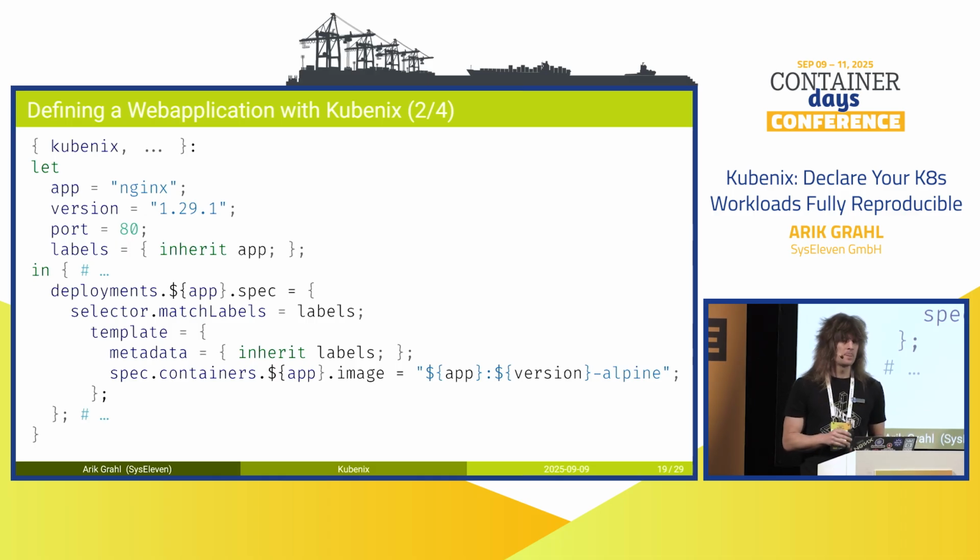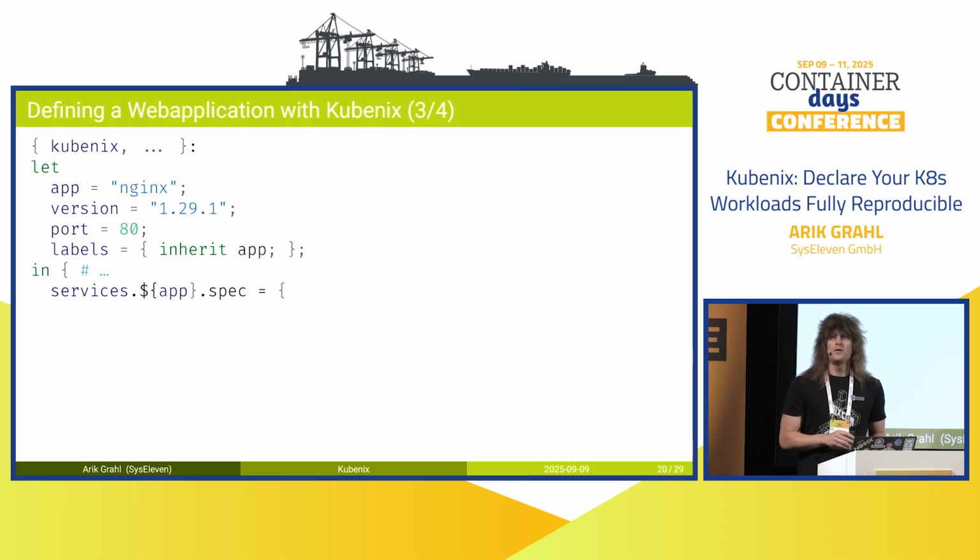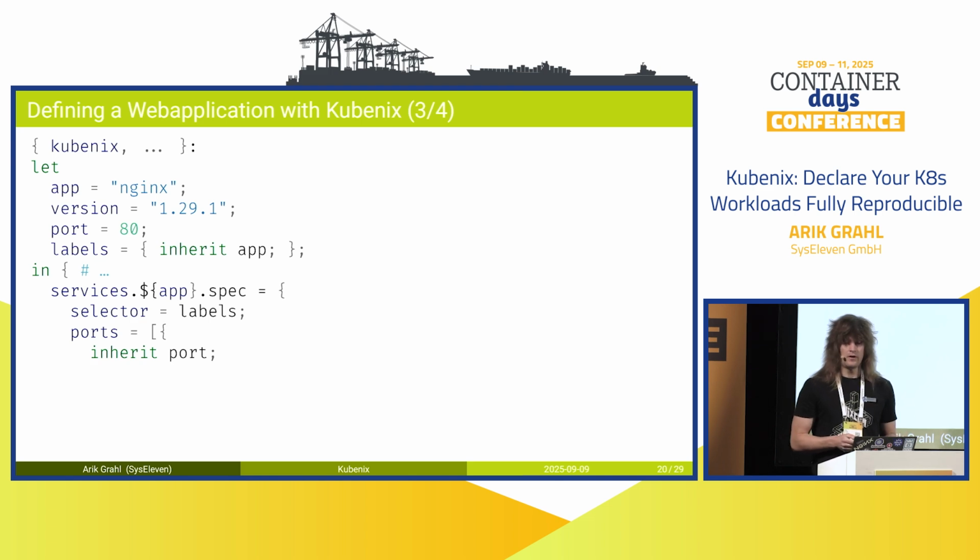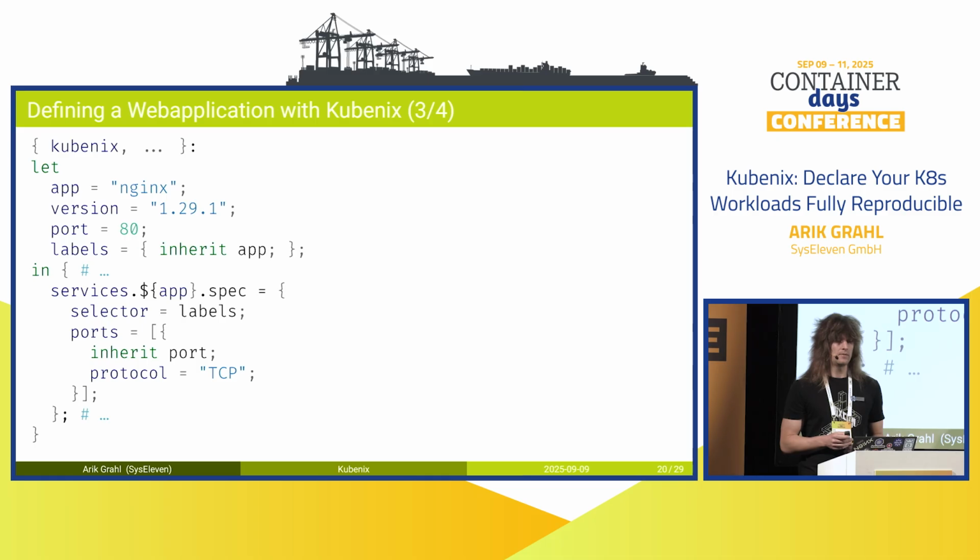Pretty simple, right? Next up would be the service. Here we are using the labels as a selector to make sure that this service will select the appropriate pods from the deployment before. Defining ports is simple. We just inherit the port variable and specify that we are serving TCP traffic.